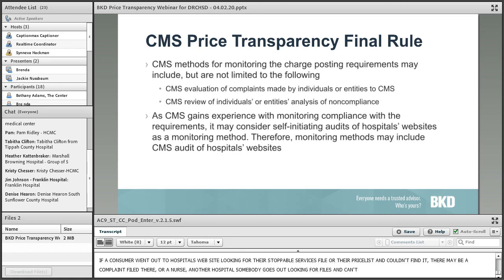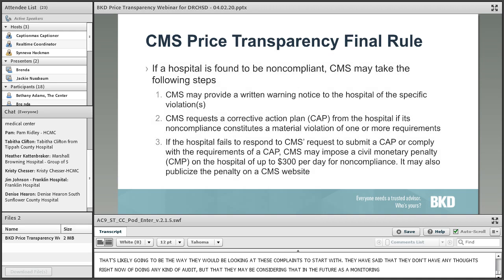So say a consumer went to a hospital's website looking for their shoppable services file or their price list and couldn't find it. There may be a complaint filed there, or a vendor, another hospital, somebody may go looking for files and can't find them and could report those to CMS, and that's likely going to be the way they will be looking at these complaints to start with.